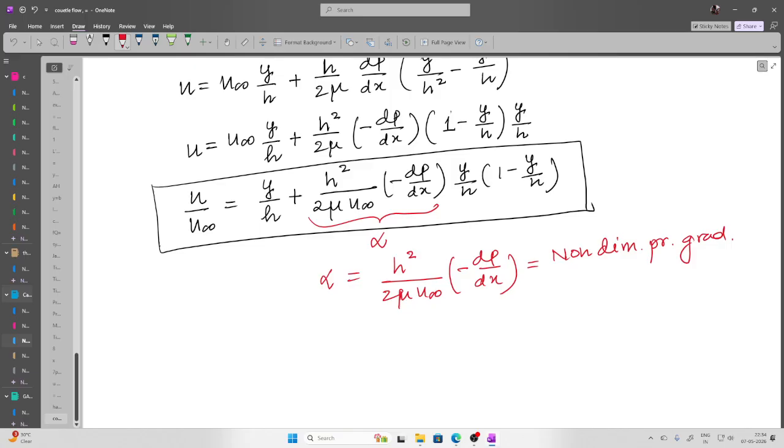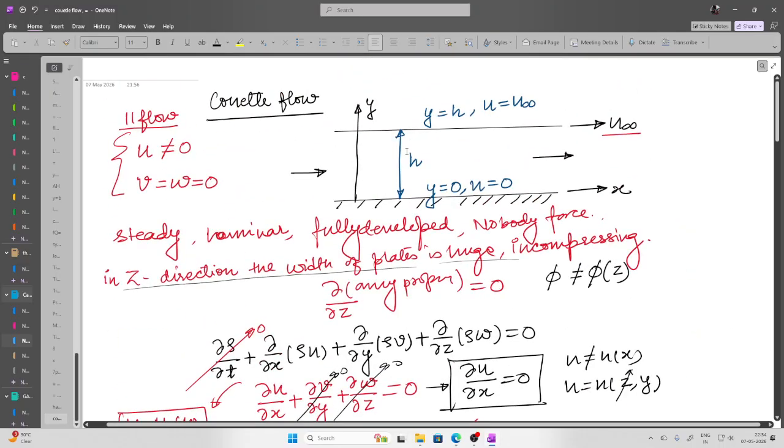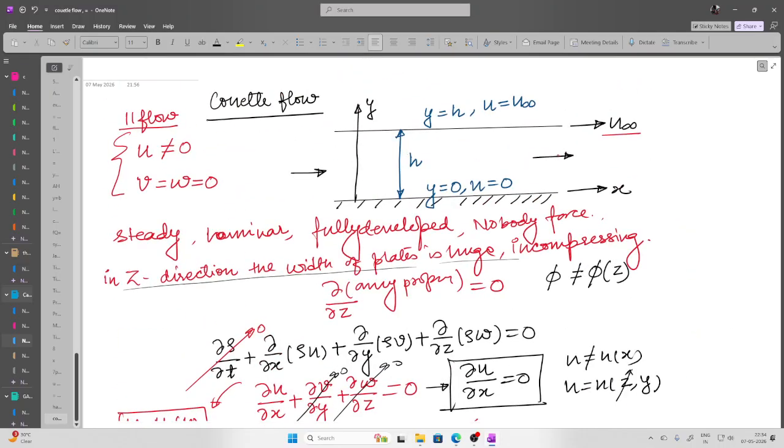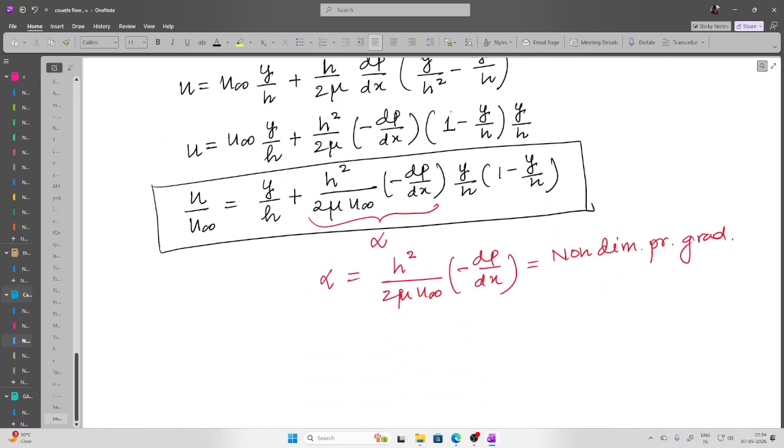There is a special purpose of keeping the negative inside here, because the flow is happening from left to right. So the pressure downstream has to be less than the pressure upstream. That will result in a negative pressure gradient, and that negative pressure gradient will make this alpha positive.